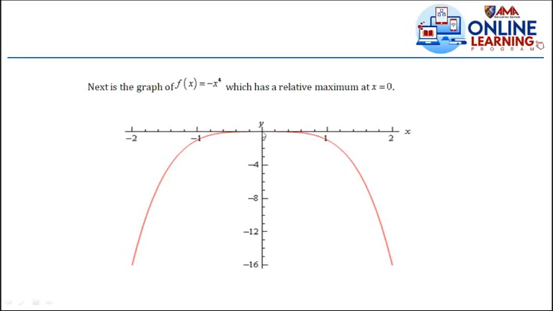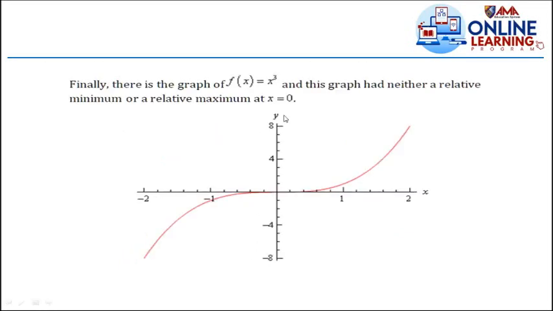Okay? Next. Finally, there's the graph of the function f of x equals x cubed. This graph has neither a relative minimum nor a relative maximum at x equals 0. So this is the difference between the third degree equation and the fourth degree equation.